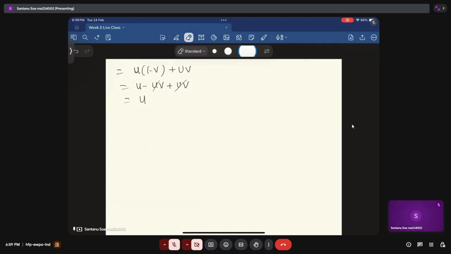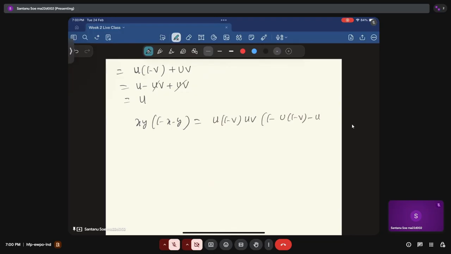Okay. But the value of the function, which is xy times 1 minus x minus y, will be u times 1 minus p into uv into 1 minus u times 1 minus p minus uv.